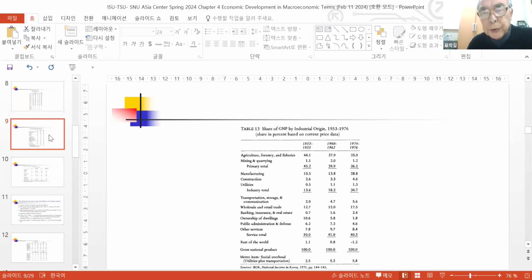Also, share of GDP by industrial origin. For example, manufacturing was only 10.5% in the 1950s, became 13.8% at the beginning of 1960, but by 1975, manufacturing became 28%, almost 30%.